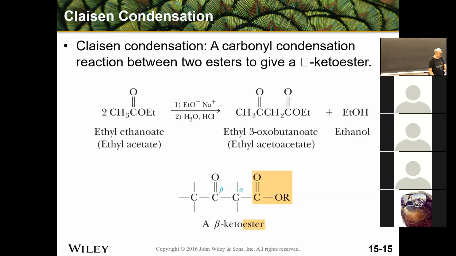Here we need to use a non-aqueous base, sodium ethoxide. We want this base to match our ether group on the ester. Our product will be a beta ketoester and ethanol.